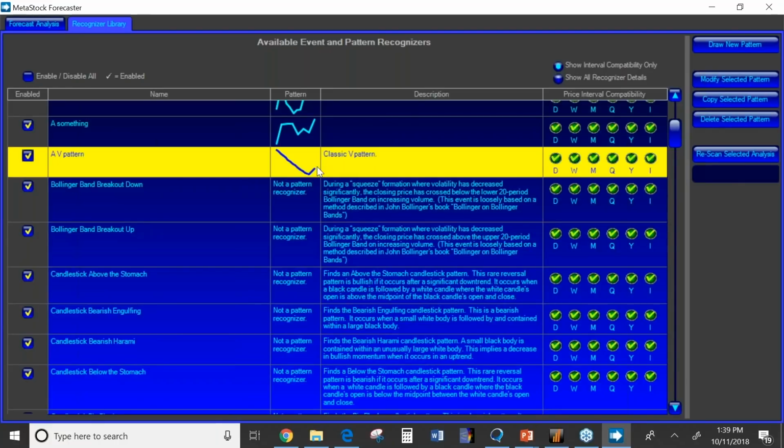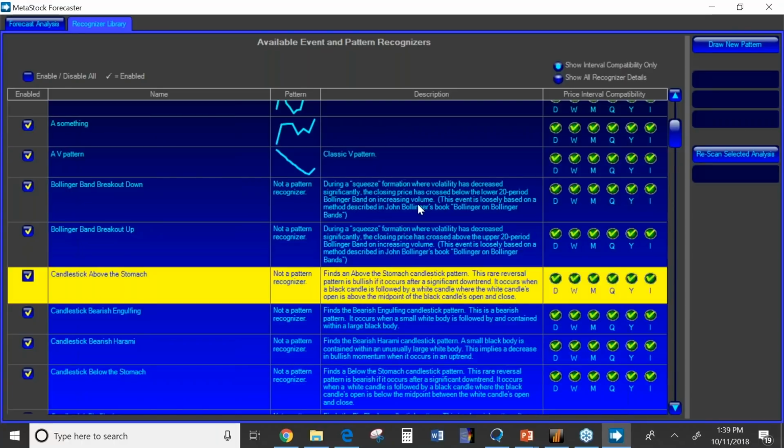The other type of events, the built-in events, just come packaged in the software, like Bollinger Band breakout to the upside and to the downside, or different candlestick patterns. There's a CCI one.